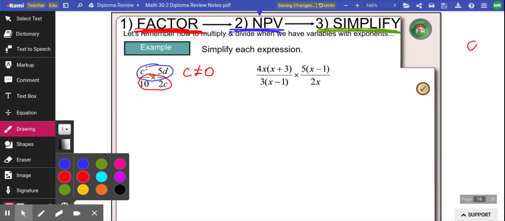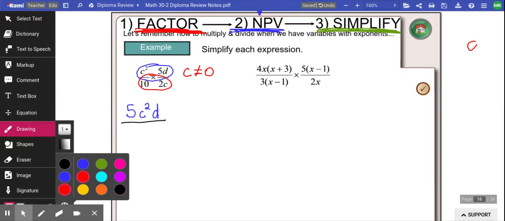On the top, c squared times 5d, we say numbers go with numbers and letters go with letters when it comes to monomials. 5, there's no other number on the top to multiply by. C squared, there's no other c's to multiply by. And d, there's no other d's to multiply by. So the top just becomes 5c squared d.